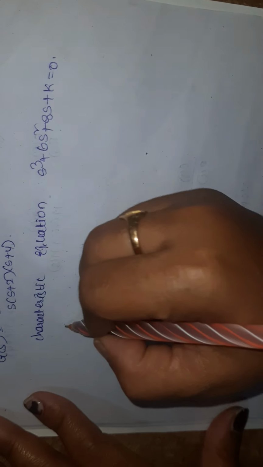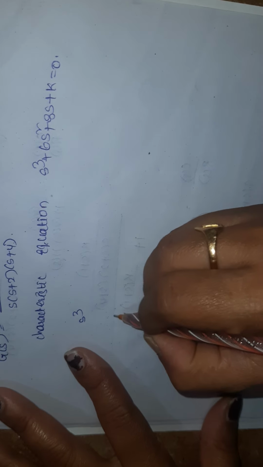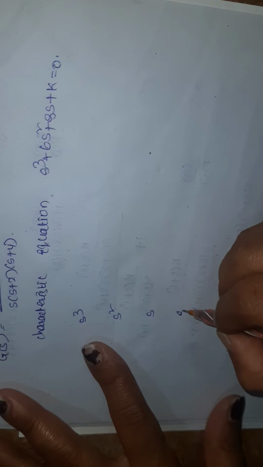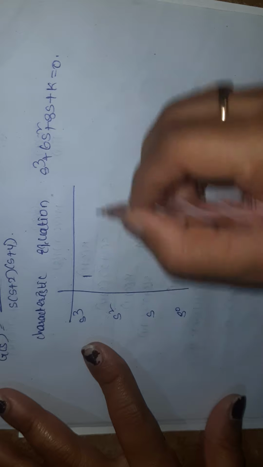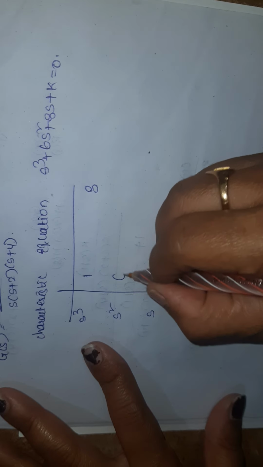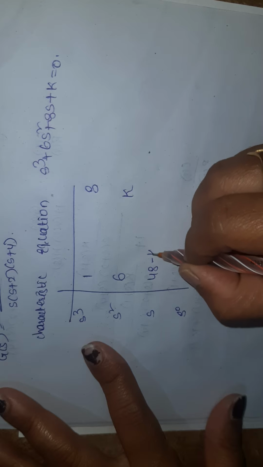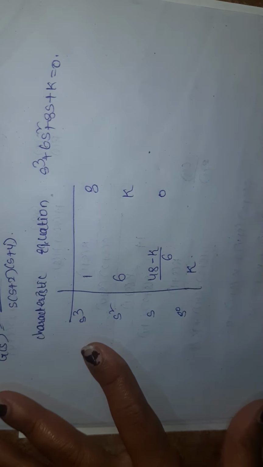Now construct the RH table: s cube, s square, s and s power 0. S cube row: 1, 8. S square row: 6, k. S row: (48 minus k) by 6, 0. And s power 0 row: k.